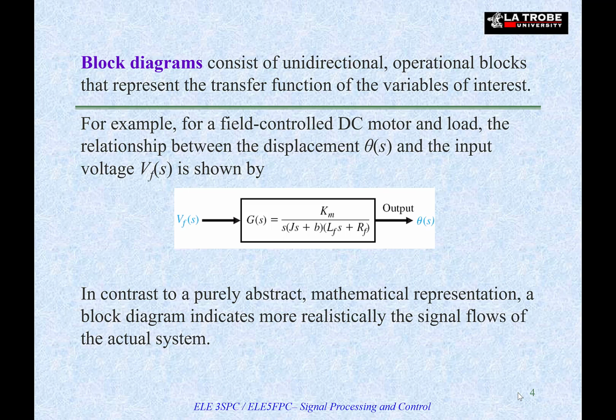Compared to a set of abstract mathematical representation, a block diagram shows the relationship of the variables in the system in a more straightforward manner. And that is exactly the beauty of the graphical models.